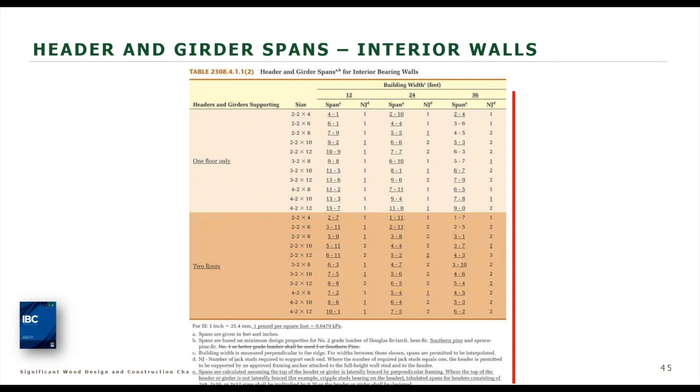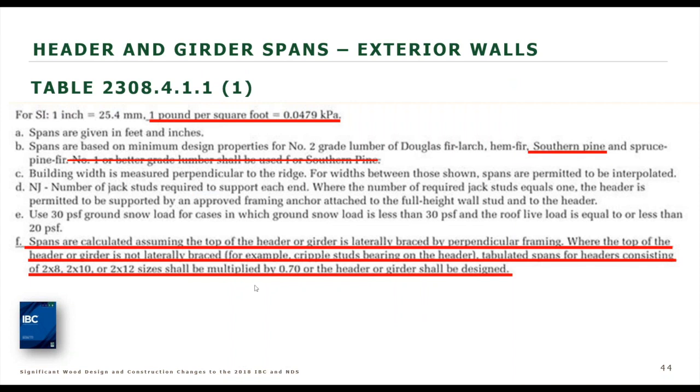We've also updated the tables, and I'll go back to this, related to when we're looking at headers. Sometimes we have headers that are flush and they're braced out of plane by the floor system. And we also have an installation where the header could be dropped, and we only have a cripple stud above that. So it's not braced out of plane. So to accommodate into the header tables or girder tables, we now have something that accommodates for that when we have dropped headers.